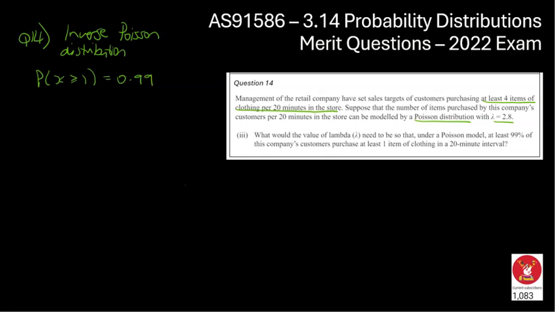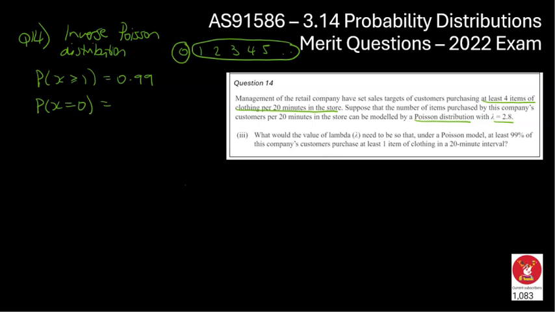So that means the probability of someone making 1 purchase, 2 purchases, 3 purchases, and so on, all of that combined gets you to 0.99. But the issue with inverse Poisson distribution questions is it only works when you know the probability of x when it is exactly 0. Luckily for us, if you draw a bit of a number line, 0, 1, 2, 3, 4, 5, so we've kind of got this probability here, probability of 1 and everything above.